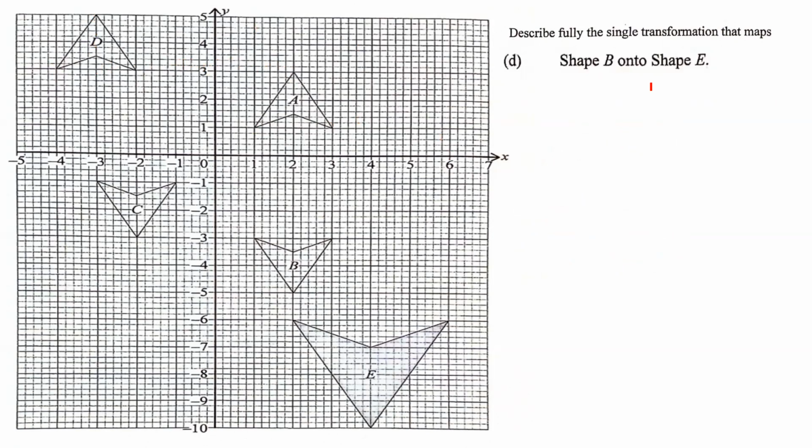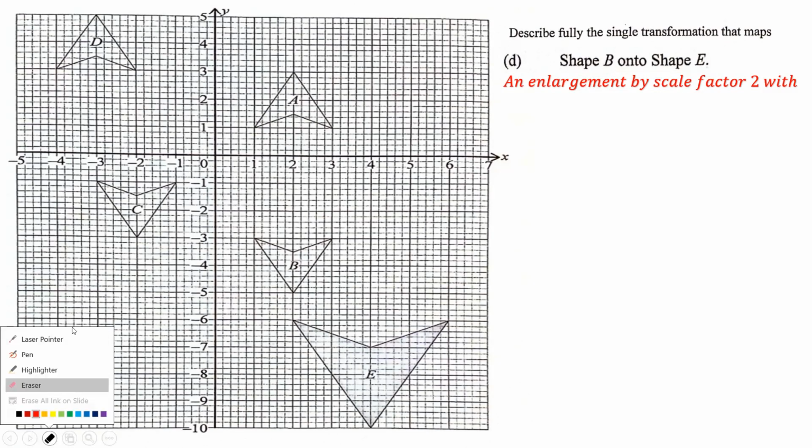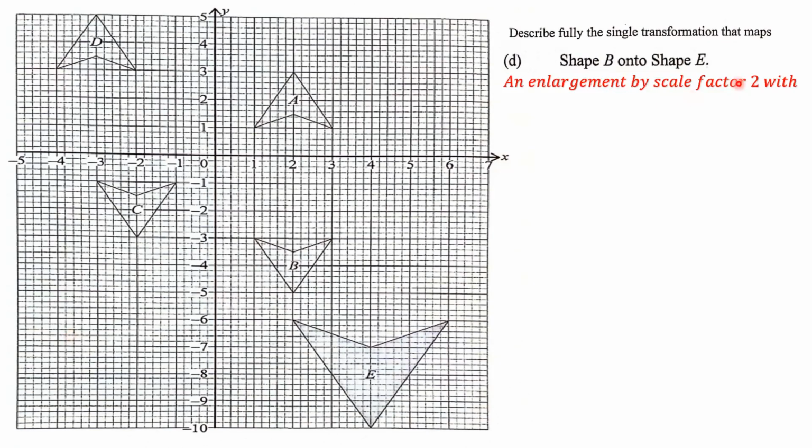It says, describe fully the single transformation that maps shape B onto shape E. Let's look at the coordinates of B. I already gave the answer away here: it's an enlargement by scale factor 2, with the center of enlargement being the origin.